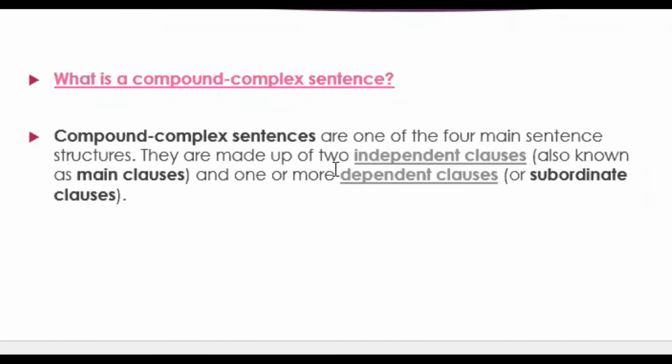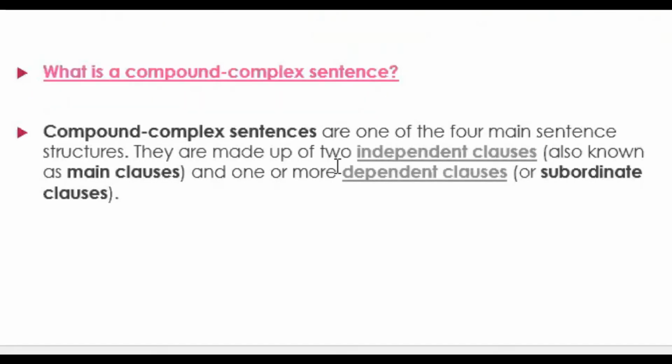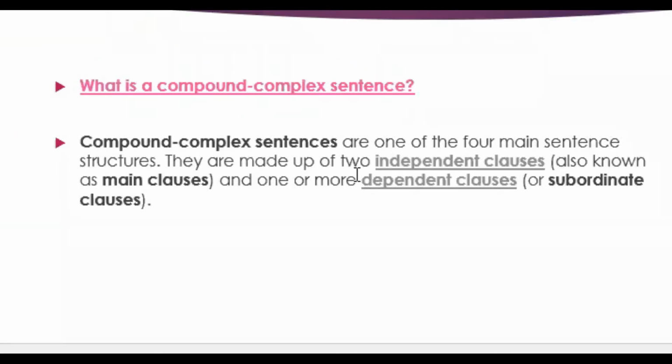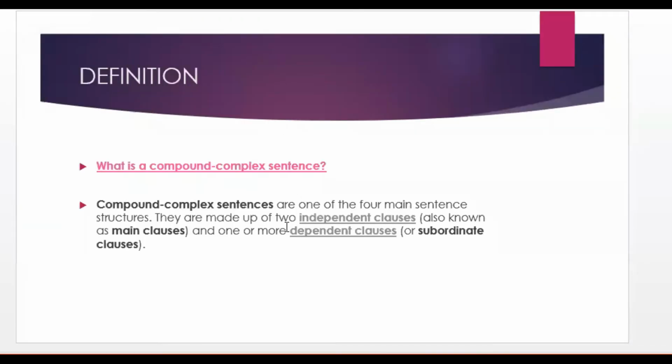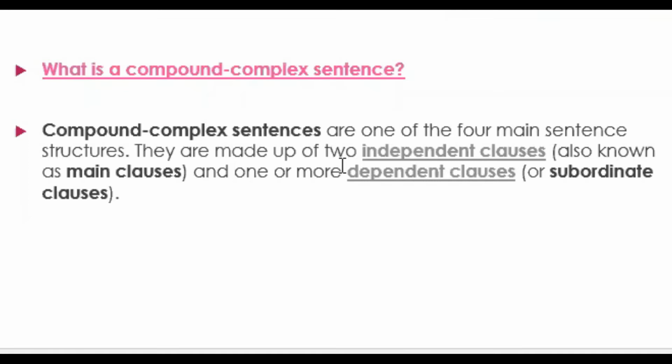That's the compound part of it. And the complex part of it is that it also contains one or more dependent clauses. So that is the definition for a compound complex sentence. They are made up of two independent clauses and one or more dependent clauses. Just take a minute to go through that. If you have any question about the definition, please ask me before I move on.